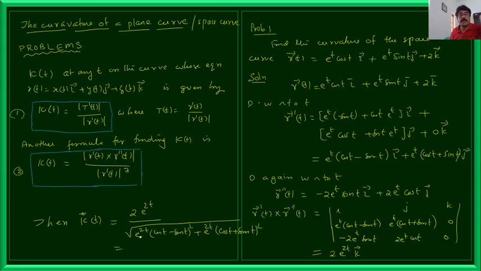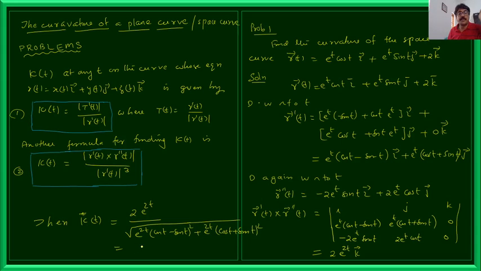In the denominator, e raised to 2t you can take out, leaving cos t minus sin t the whole square plus cos t plus sin t whole square. This is of the form a minus b whole square plus a plus b the whole square, which is 2 into a square plus b square, that is 2. So we'll get the denominator e raised to t into root 2.